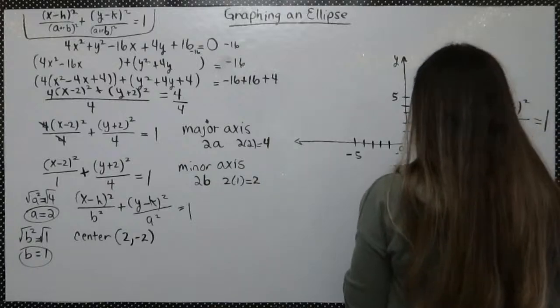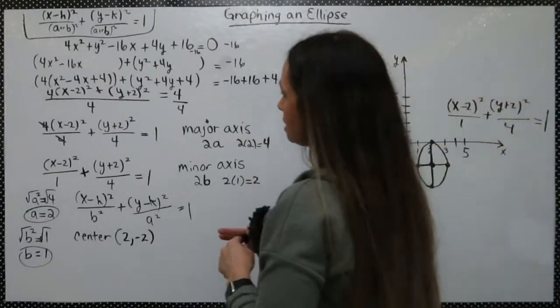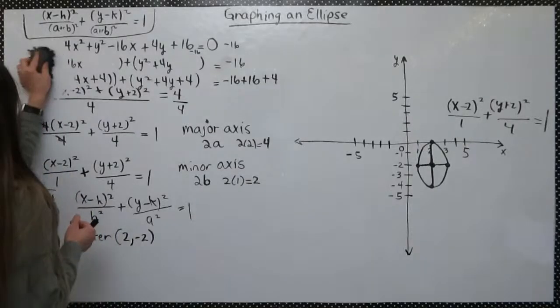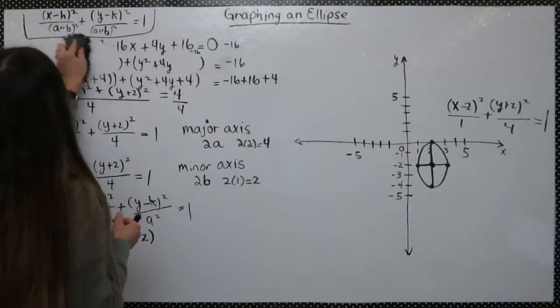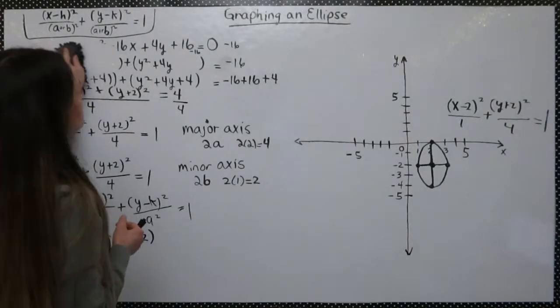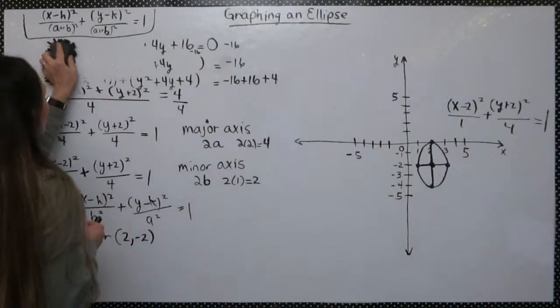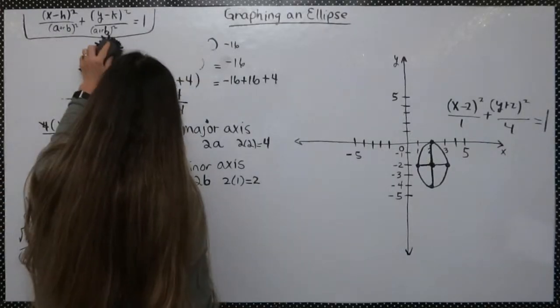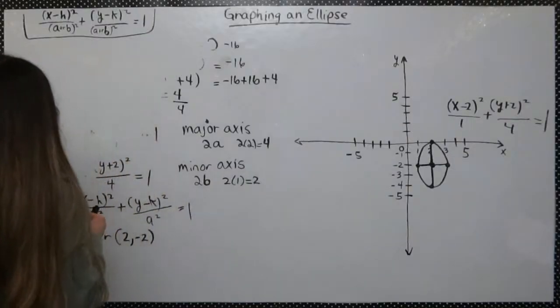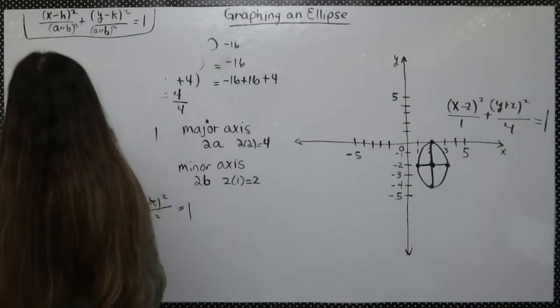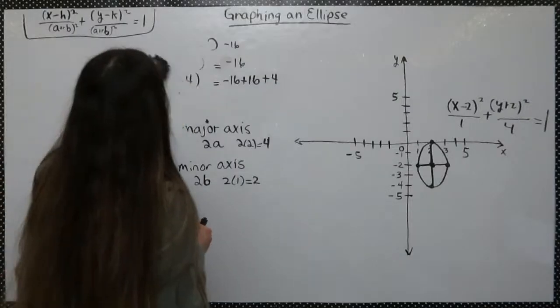Then I can erase most of what's here, and this will give me a good clean workspace. I tried to pick a horizontal oriented ellipse, and hopefully that's what it is, and we'll give it a go.